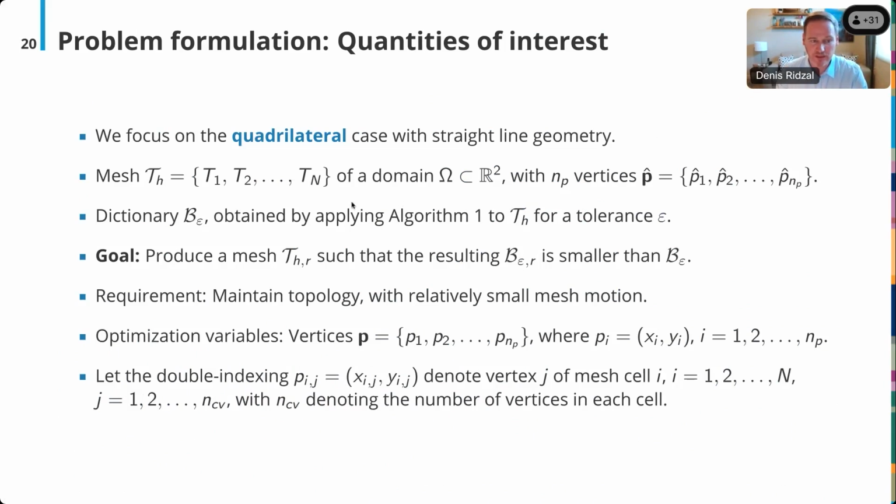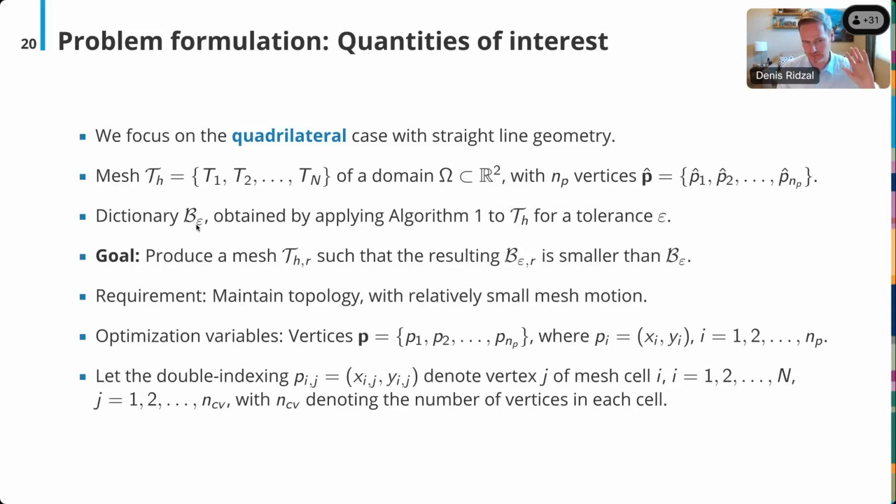We'll have mesh TH consisting of these cells and vertices P hat given there. And then we'll assume that we have some dictionary B epsilon that we can develop for this mesh.